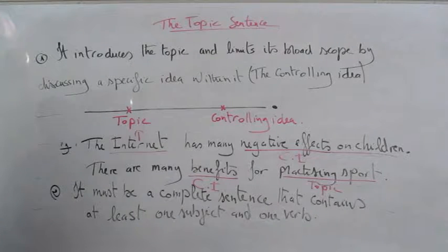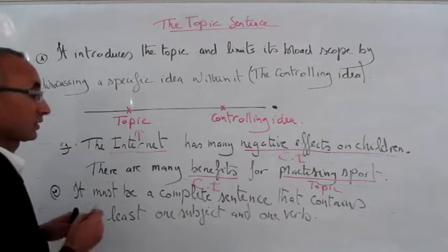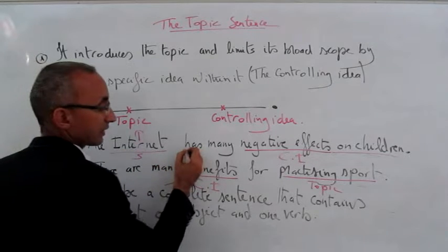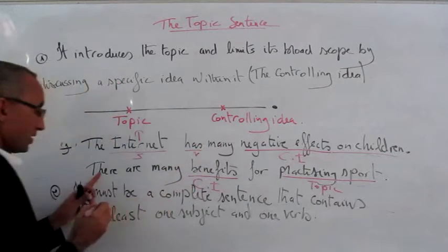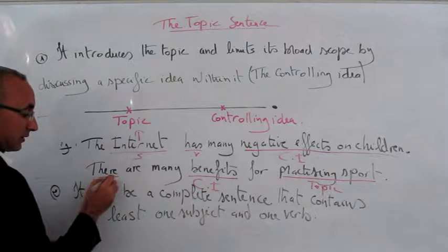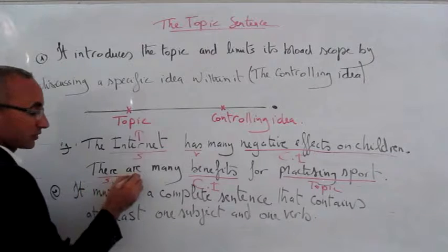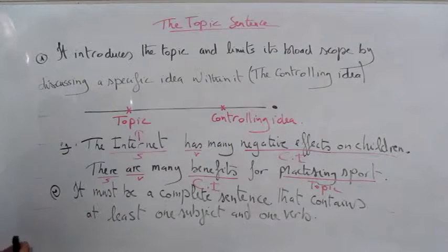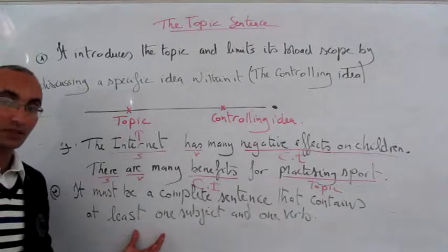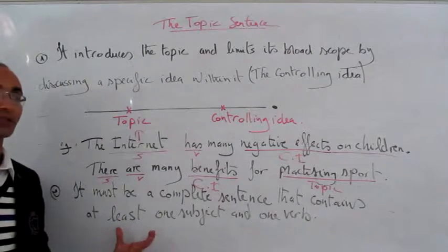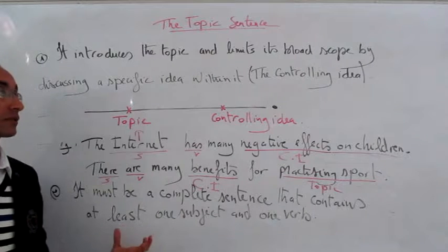Clear? Example, here we have a subject and we have "has" as a verb. There are also, we have the empty subject "there," and also we have "are" as a verb. Clear? But if, for example, you mention only a fragment or a phrase, it's not correct.